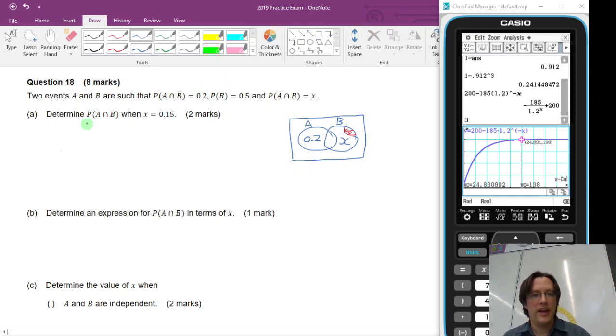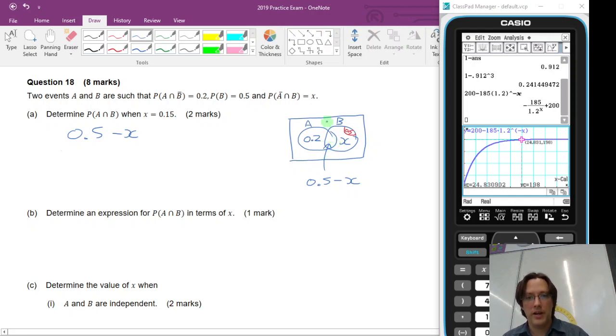What's the probability of A intersection B when X is 0.15? Well, this whole thing's going to be 0.5. So this in here is going to be 0.5 minus X. And it helps to put expressions for all the other bits that we're going to have in everything.